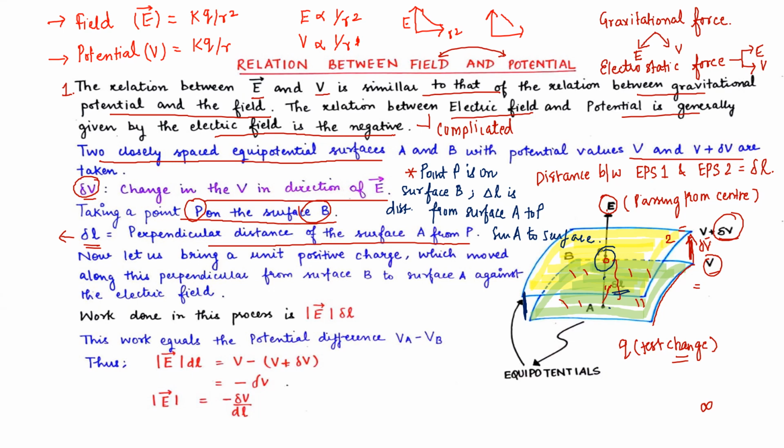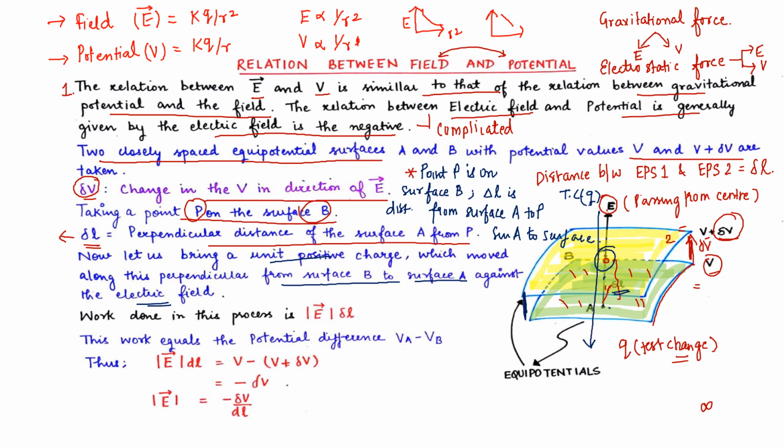Now let's bring a unit positive charge which moves along the perpendicular from surface B to surface A, against the electric field. Now see, here comes a twist. We have a test charge Q over here, which we are bringing in this direction.